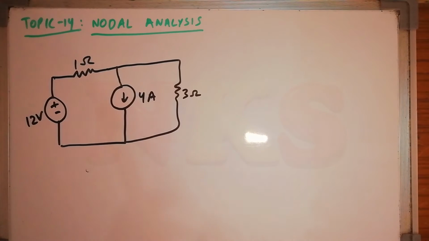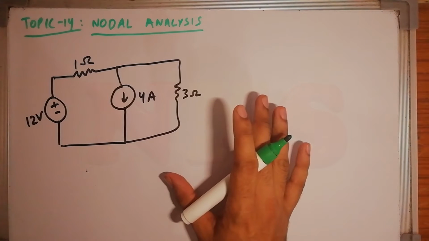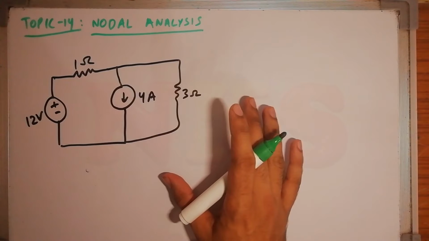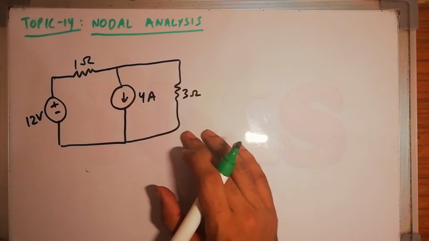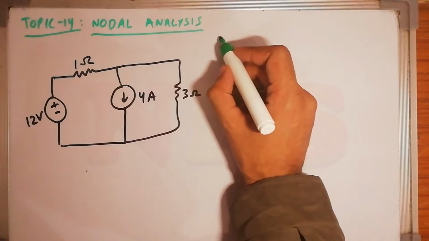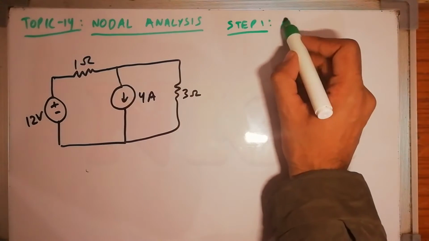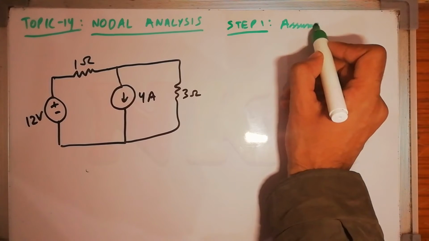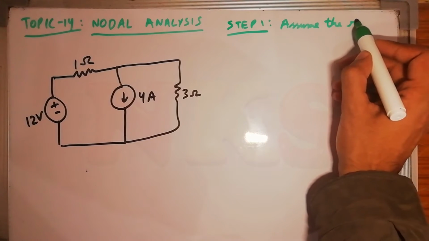As I told you in my previous video, you can only find node voltages if you know the reference node. So in such questions, if you want to solve using nodal analysis, first you have to assume the reference node. So step 1 is assume the reference node. There is no logic behind assuming the reference node.